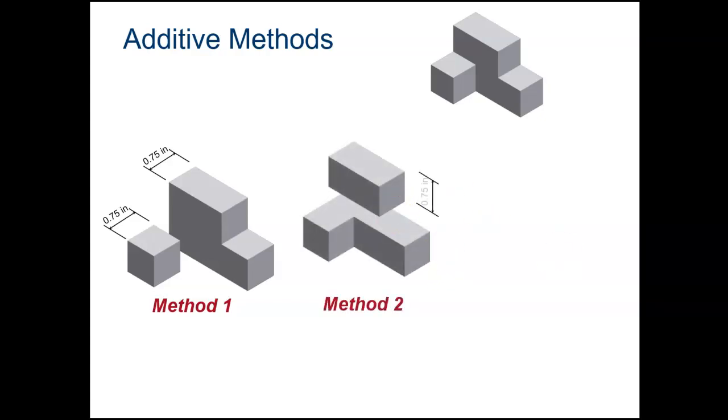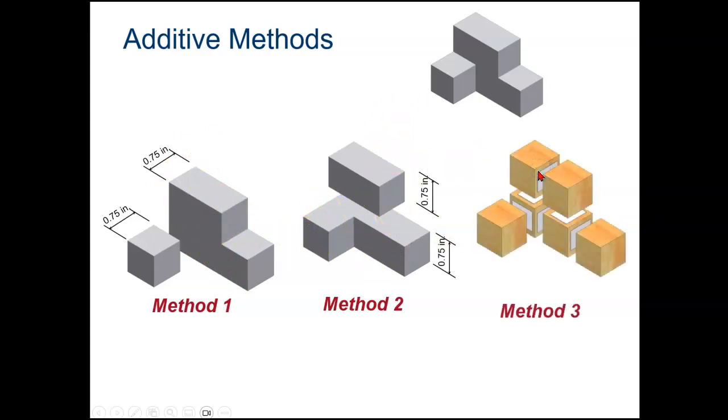Method 2 is just an alternate way to break up the part. Both ways are valid. Instead of drawing this part first, we'll draw the bottom part and then extend up. Method 3 is where we would break the whole thing into just cubes or blocks or similar objects and stack everything together, sort of like what you'll end up doing with the puzzle cube project.